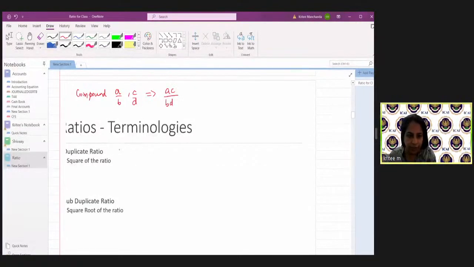Duplicate ratio is nothing but compounding of a ratio with itself. But this is only one time. In simple terms, A by B to be compounded with A by B again. So this becomes A square by B square, or in simple language we call it as the square of the ratio. So duplicate ratio is nothing but we are squaring the ratios.